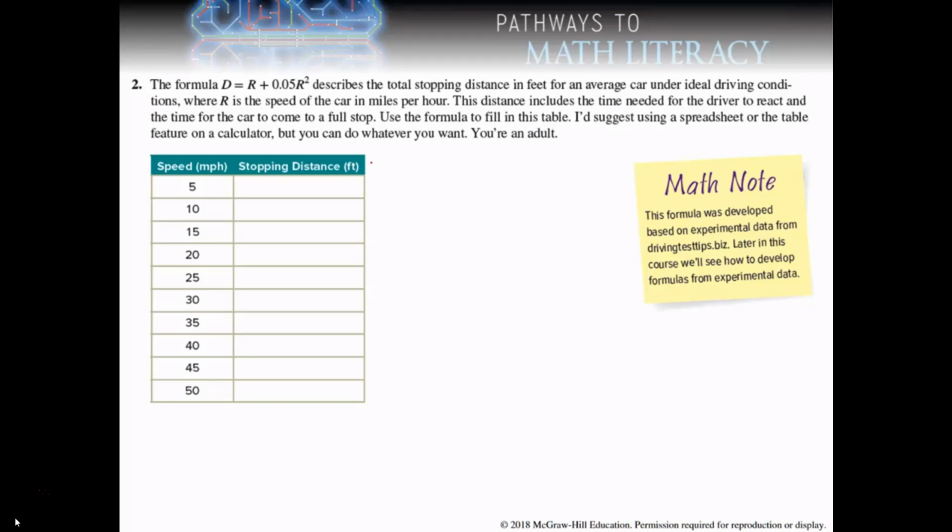So you can go to your Y equals screen and put in the formula for stopping distance, and then create a table that counts up by fives. At a speed of 5, the stopping distance is 6.25 feet. At a speed of 10, the stopping distance goes up to 15. At a speed of 15, the stopping distance goes up to 26.25, and so on.